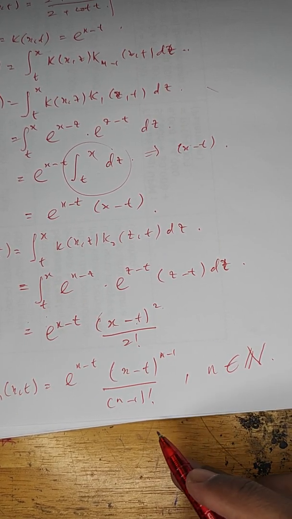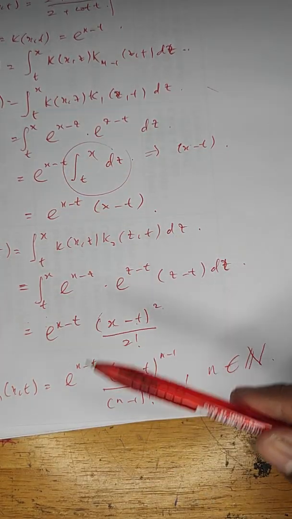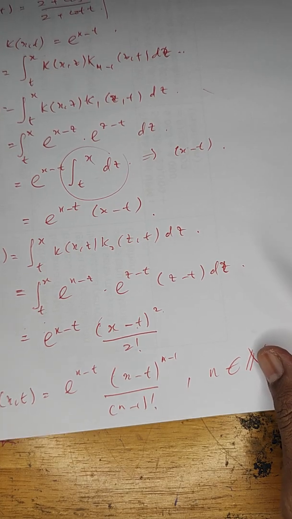Having obtained the kernels K1, K2, and so on, we can find the resolvent kernel.